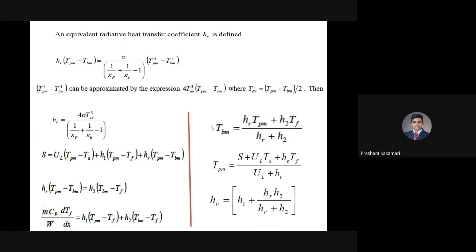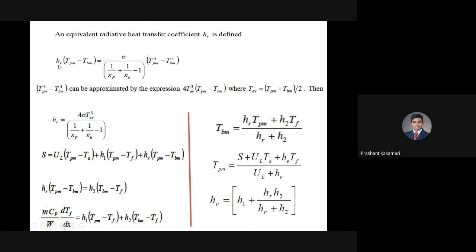In place of sigma divided by 1 by epsilon p plus 1 by epsilon b minus 1, in this big term, and T pm raised to 4 minus T bm raised to 4, we are going to replace this entire term, keeping T pm raised to 1 minus T bm raised to 1 as it is, and writing it as HR.